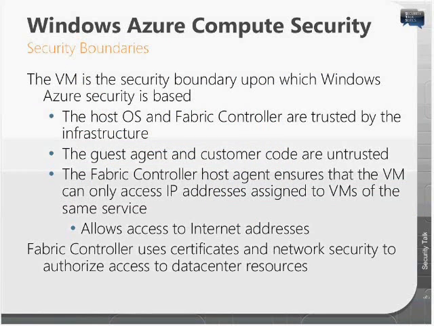So the virtual machine is the security boundary between machines, and again, the host OS and the Fabric controller are trusted components. Microsoft manages them. We deploy them, and they are highly standardized. There are no variations, no exceptions. They are basically a single image that controls what goes on at those layers.